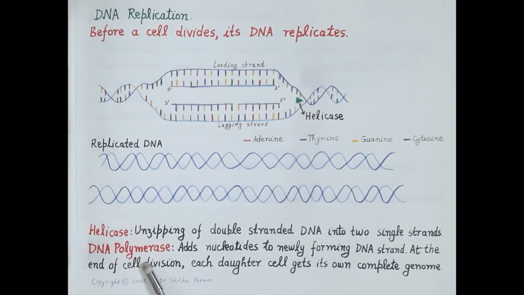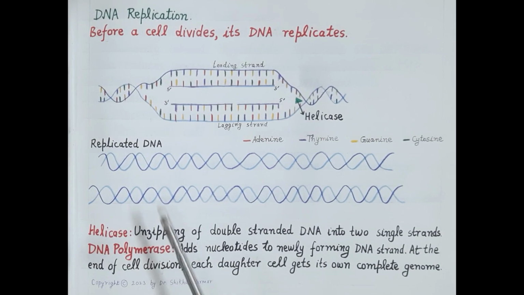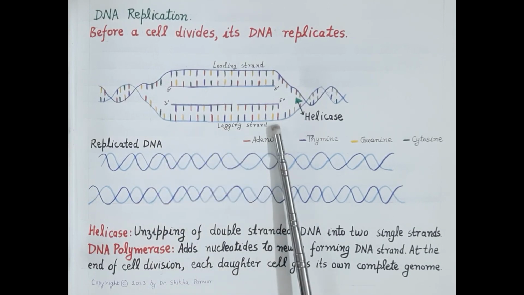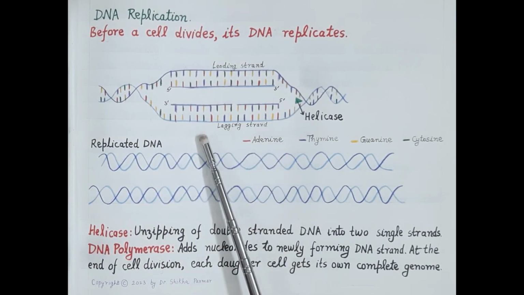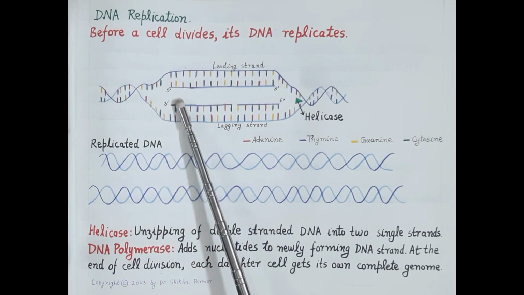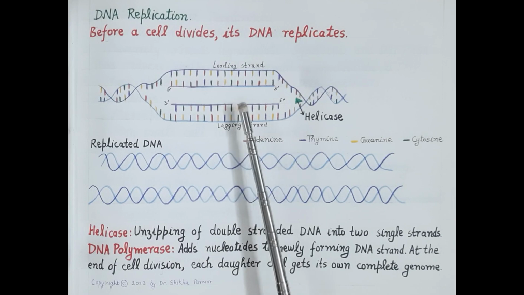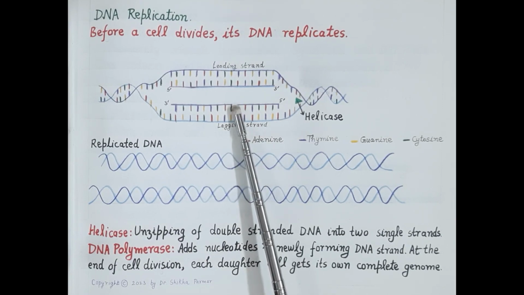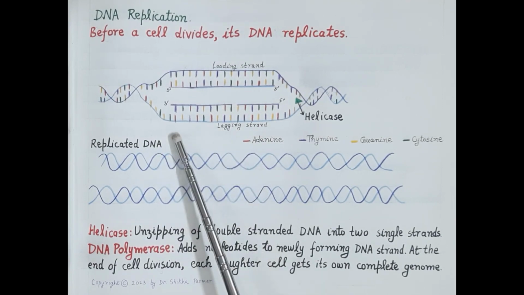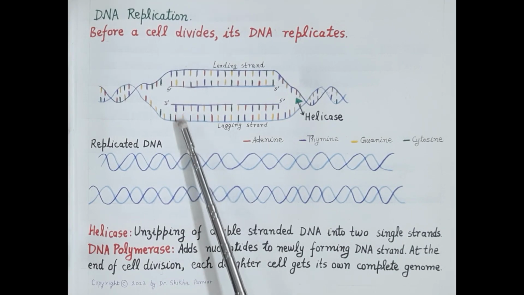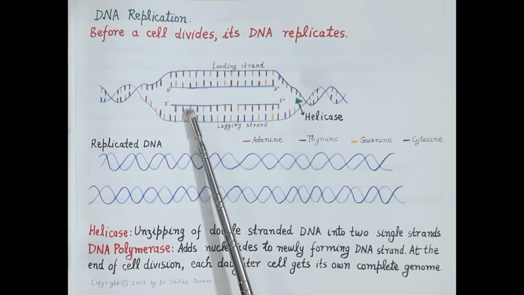Now another very important enzyme is the DNA polymerase. Now this DNA polymerase reads the parent DNA strand and accordingly it adds complementary nucleotides to the newly forming DNA strand. Now here it's very essential to remember that it is the adenine that pairs up with the thymine and guanine that pairs up with the cytosine.